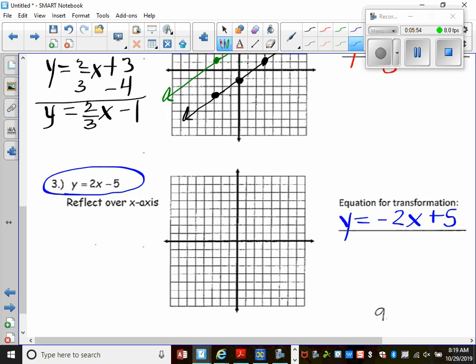So I'm going to go ahead and graph the original one first. I'm going to start at negative 5, and then I'm going to go up 2 over 1, up 2 over 1, and up 2 over 1 again.